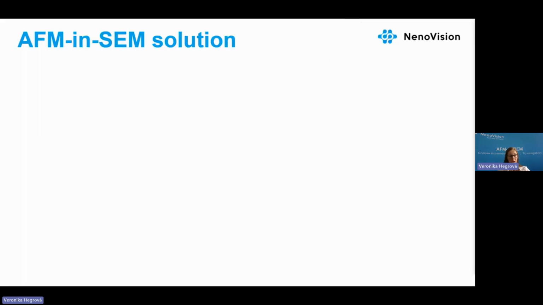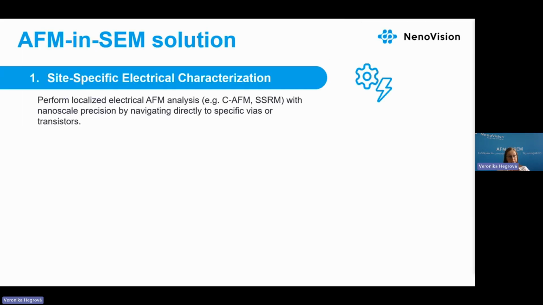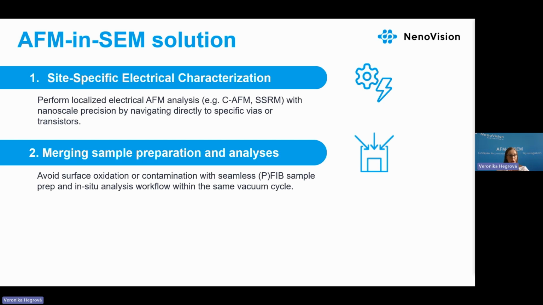So this solution gives us several benefits. Site-specific electrical characterization is the first of them I would mention, as we can precisely navigate directly to a specific via or a transistor. And as we are merging the sample preparation and the analysis, we avoid surface oxidation or contamination, because the sample never leaves the chamber.